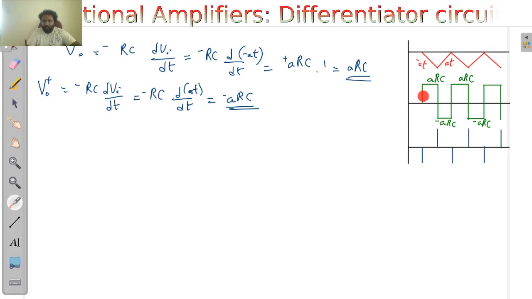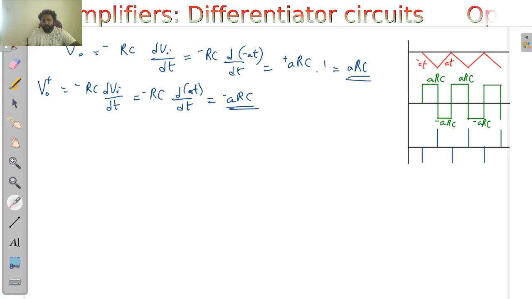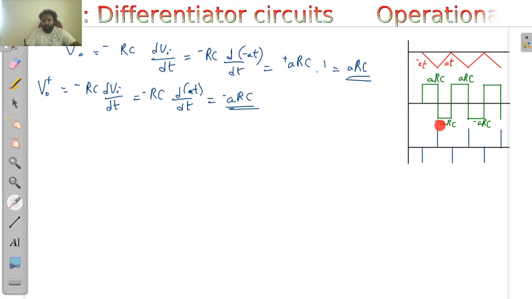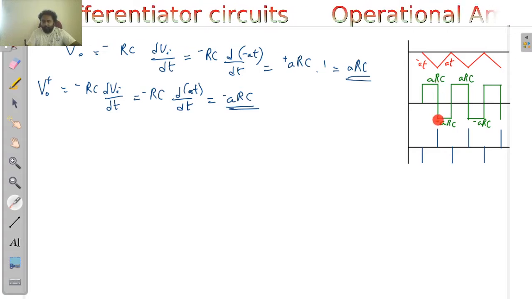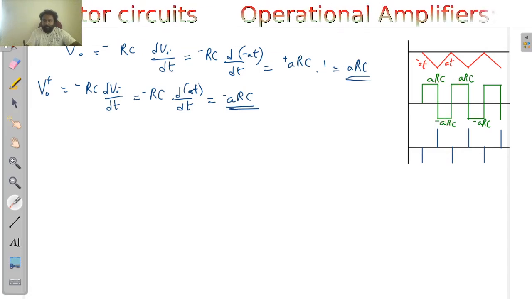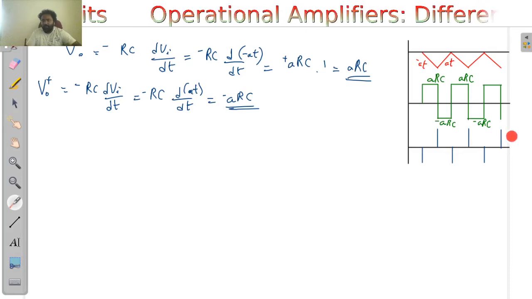So corresponding to the rising time, there will be a negative pulse because of the inversion. There will be a positive pulse corresponding to the falling time, and there will be a negative pulse corresponding to the rising time, and there will be a positive pulse corresponding to the falling time. It alternates like this.